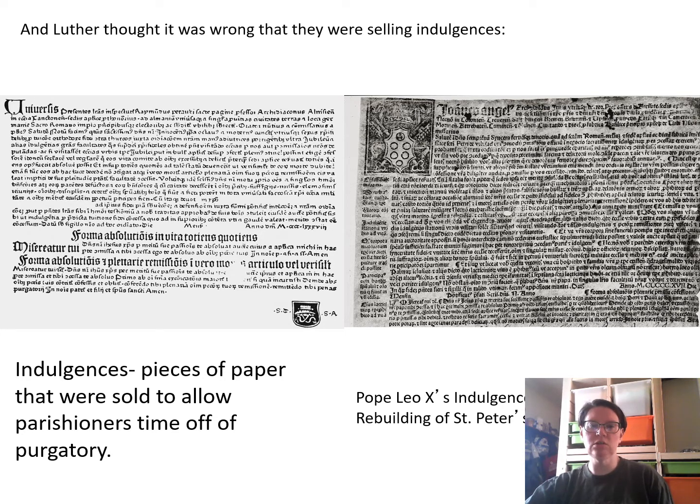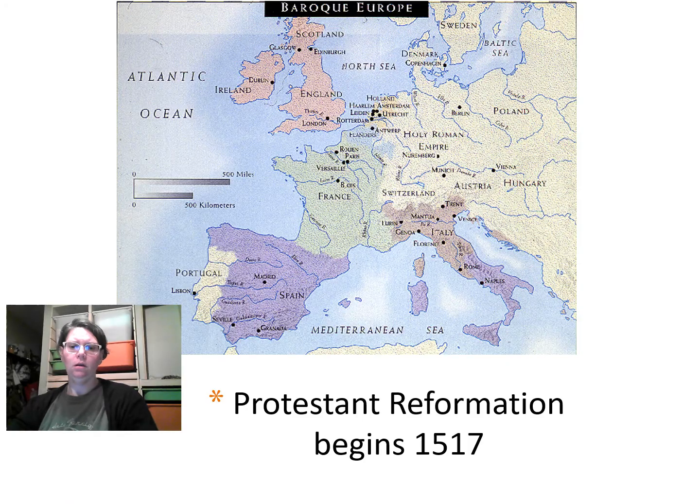Protestant Reformation was a new system of religious practices. The Protestant Reformation begins right after Martin Luther nails those 95 theses to the door of the German church in 1517.